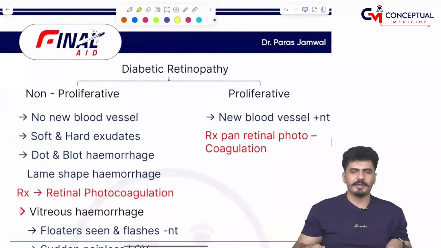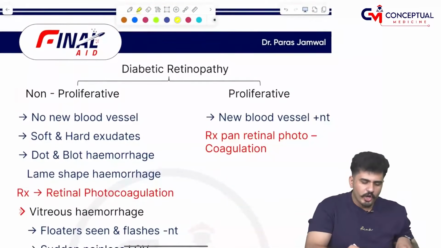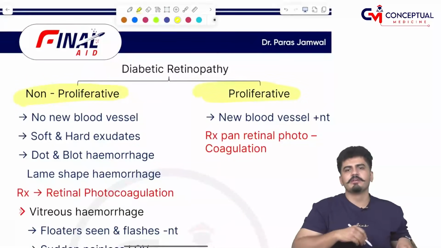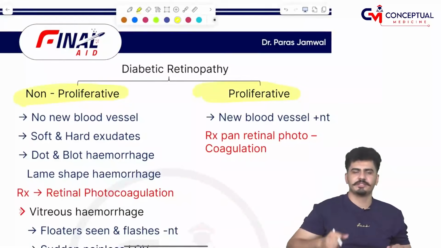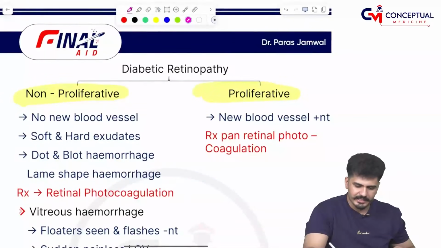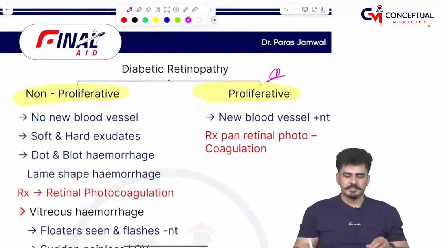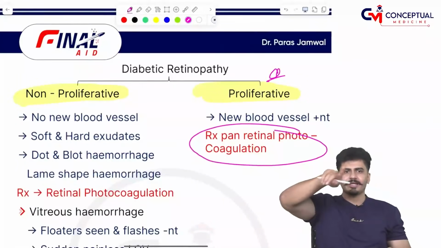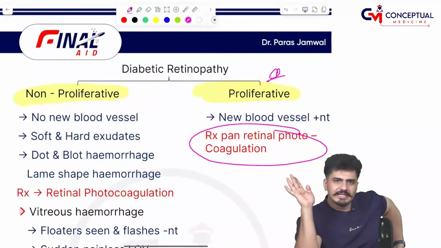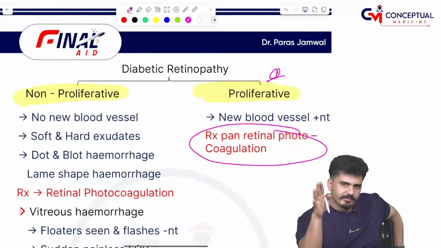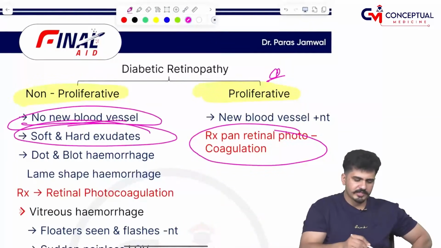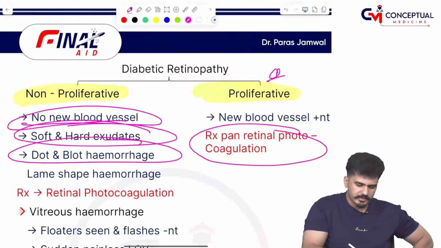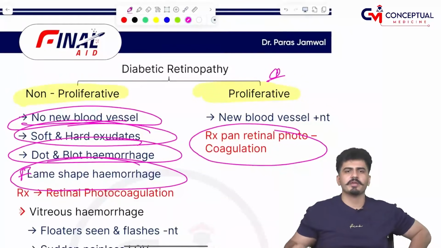Diabetic retinopathy is further divided into non-proliferative and proliferative. In proliferative, new blood vessels are present, and the treatment is pan-retinal photocoagulation. In non-proliferative there are no new blood vessels. Soft and hard exudates, dot-blot hemorrhage, and flame-shaped hemorrhage are part of non-proliferative, a previous year question.